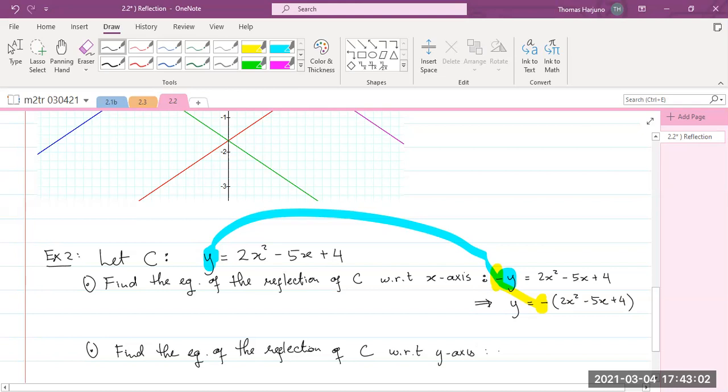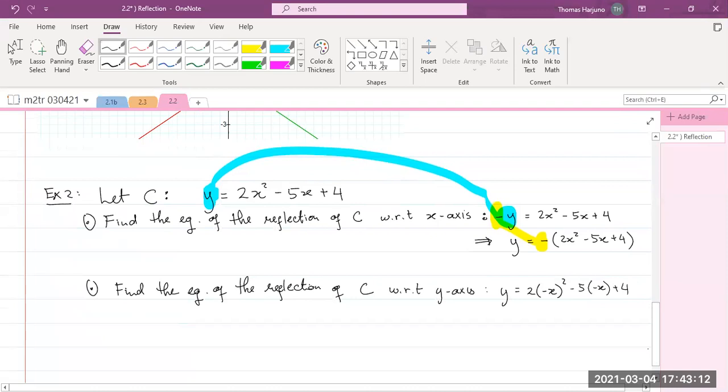Then we replace the x instead by negative x. Okay, and of course we simplify, and we will get 2x squared plus 5x plus 4.